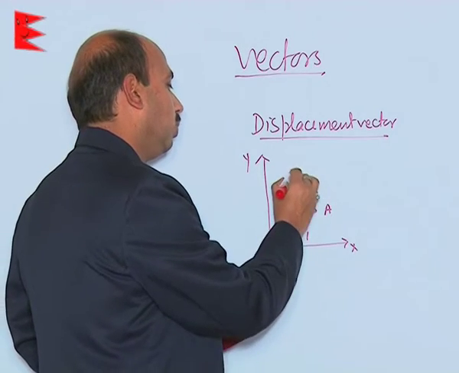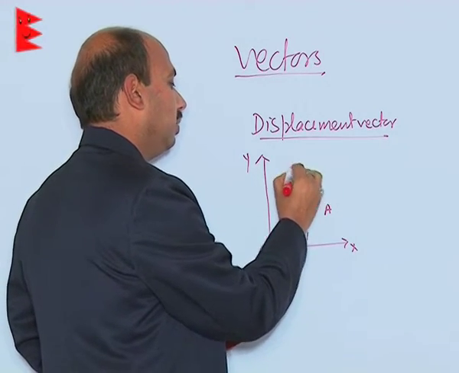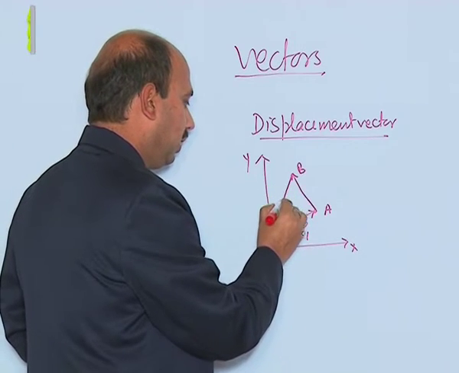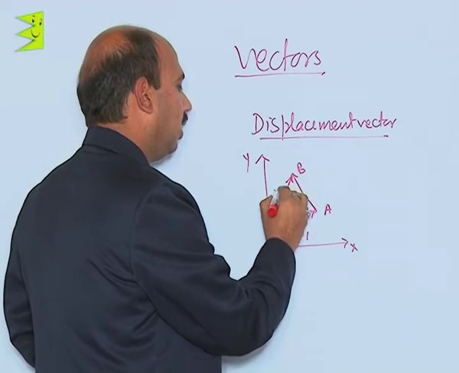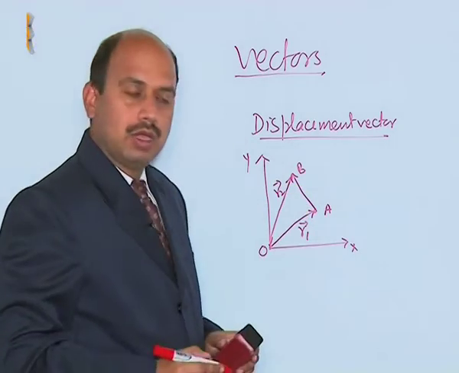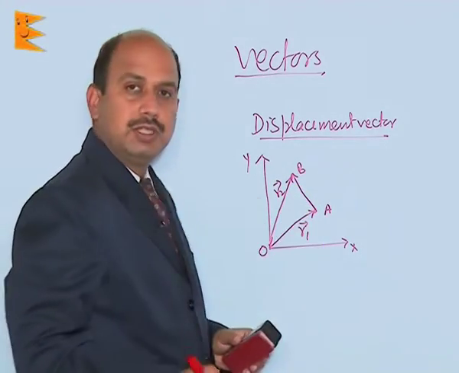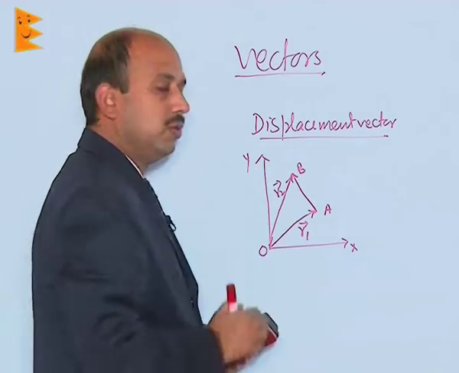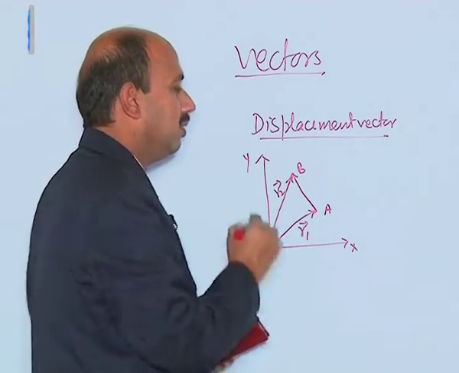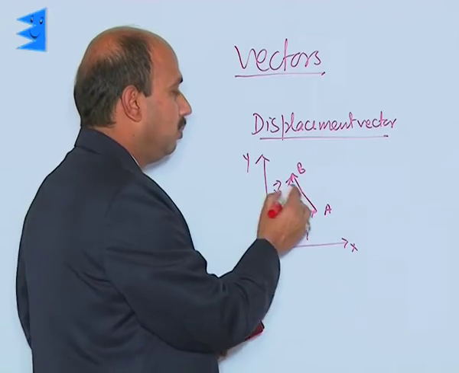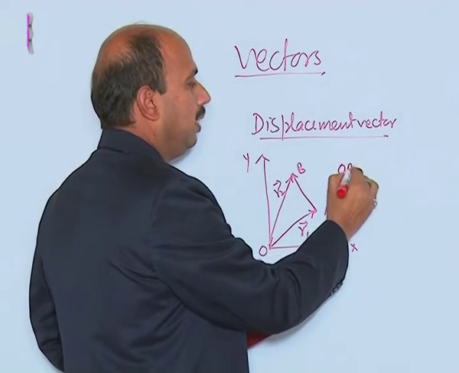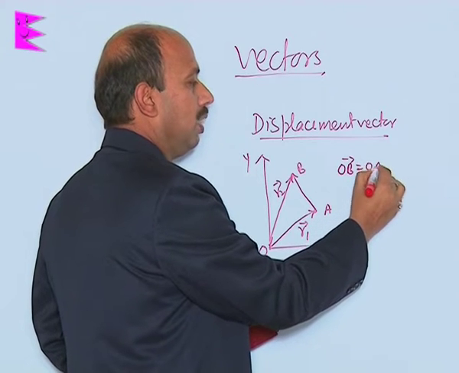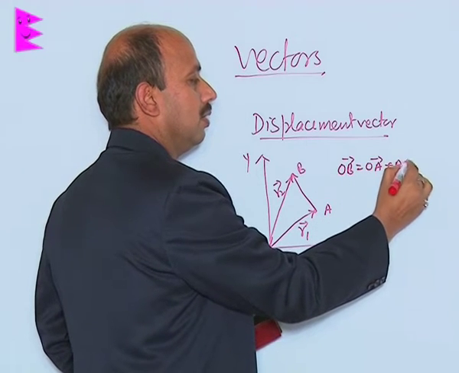After some time it goes to point B and its position vector from the origin is r2. So, OA is the initial position, OB is the final position and AB is the vector that is called the displacement vector. So, we can write here OB is equal to OA plus AB.